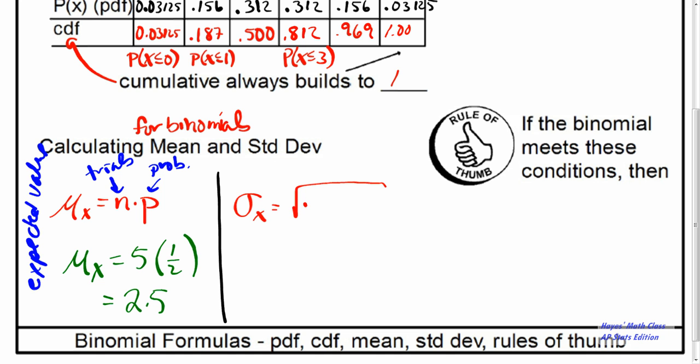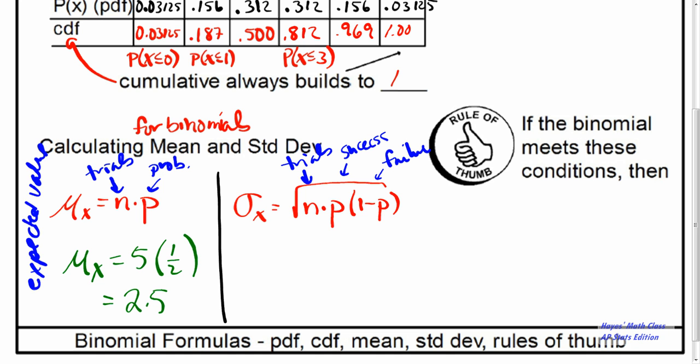The variance is found by n, still number of trials, times p, still probability, times 1 minus p, which is your failure. So trials, success, and failure.